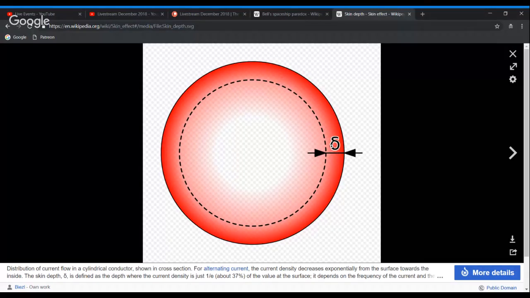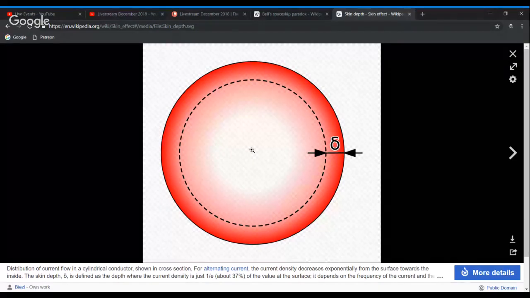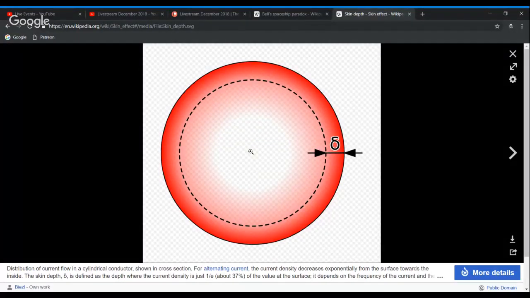And so you can see that the darker spots are where there is more current flowing, and the whiter spots in the middle are where there's basically no current flowing. You can see it's a gradient as it moves away from the middle of the wire. This is just a cross section of the wire. So you get a lot more current near the edge and not so much near the middle.